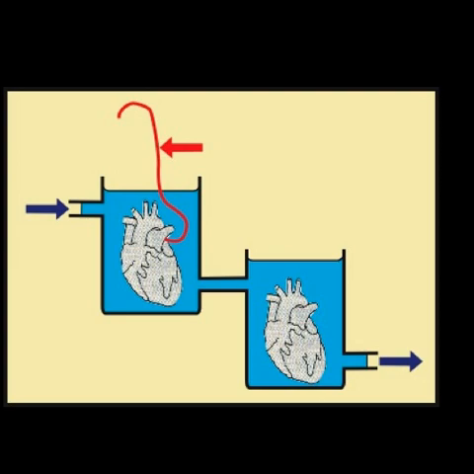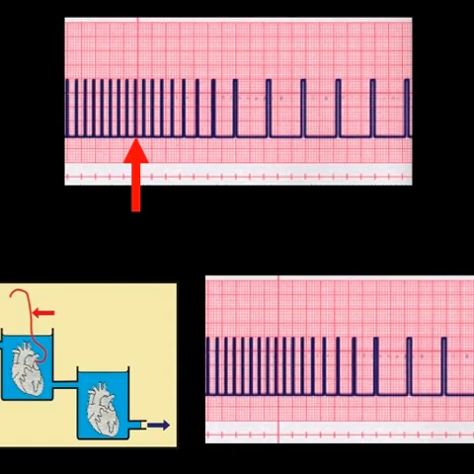But what Otto did then was he took another frog heart, put it into a similar bath of physiological saline, and arranged for the outflow from this bath to flow into this bath. And then he stimulated the vagus to this heart, and lo and behold, the heart slowed down with vagal stimulation.